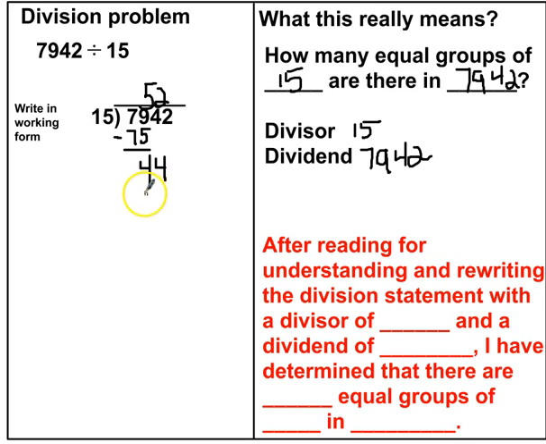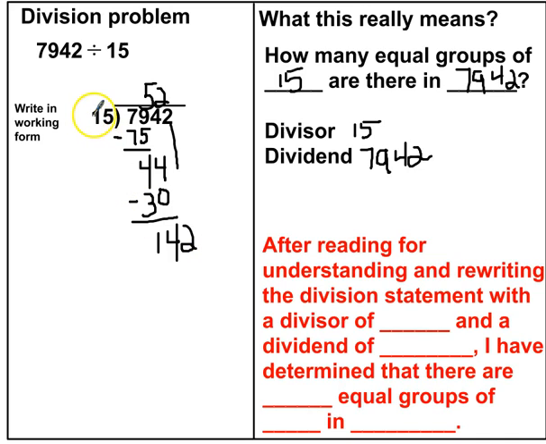2 times 15 is 30. I'm going to subtract. 4 subtract 0 is 4. 4 subtract 3 is 1. I'm very close to 15. I'm only 1 away. 44 is only 1 away from 45, but it's still less than 15. So now I'm going to bring down the 2.